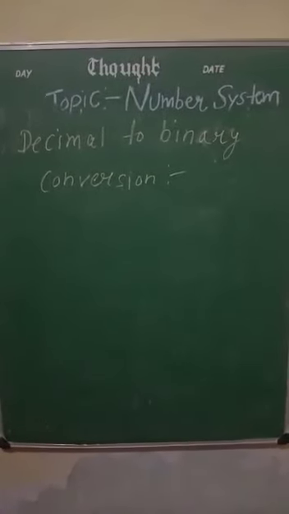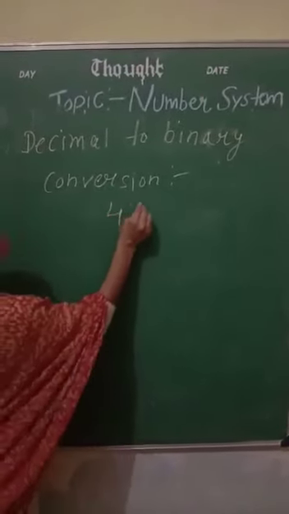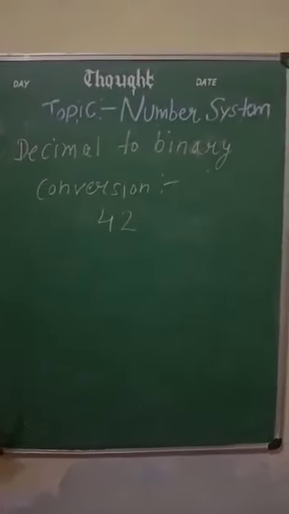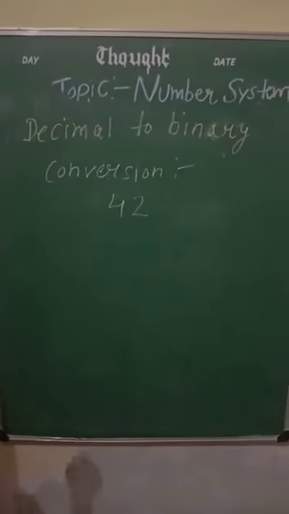So you have a number 42. This is a decimal number. How to convert decimal to binary? The first step is to divide with the base.